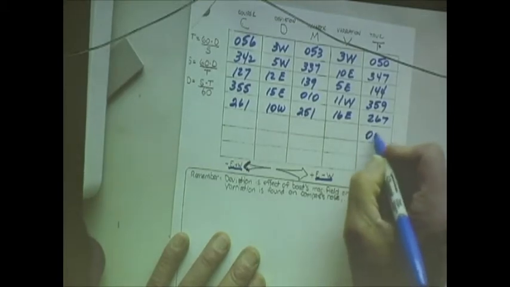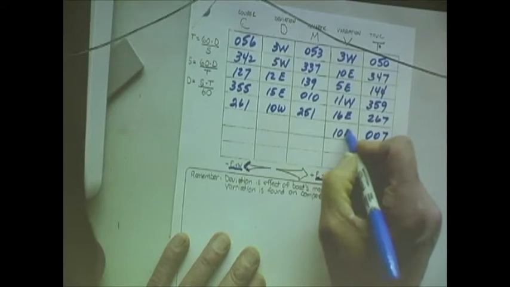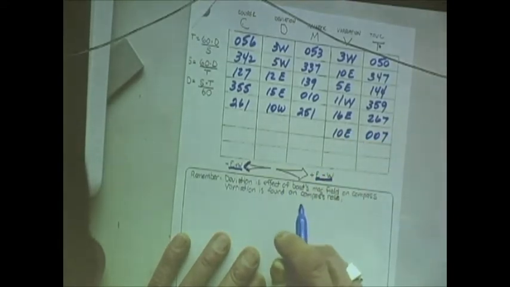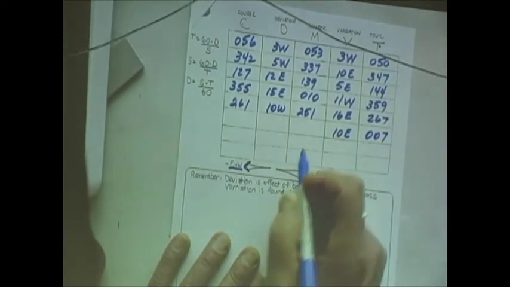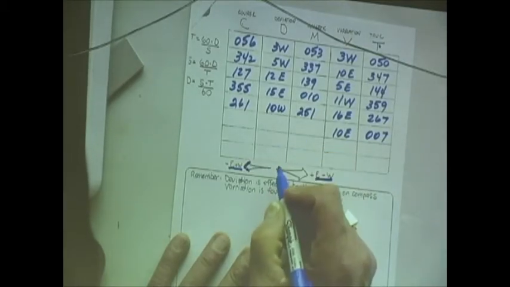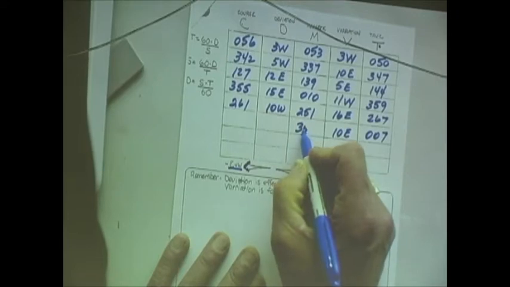Very good. Last but not least, James Bond 007. We got 10 east. What's our magnetic heading? These girls up here in front know what they're doing. They aren't even using a calculator.